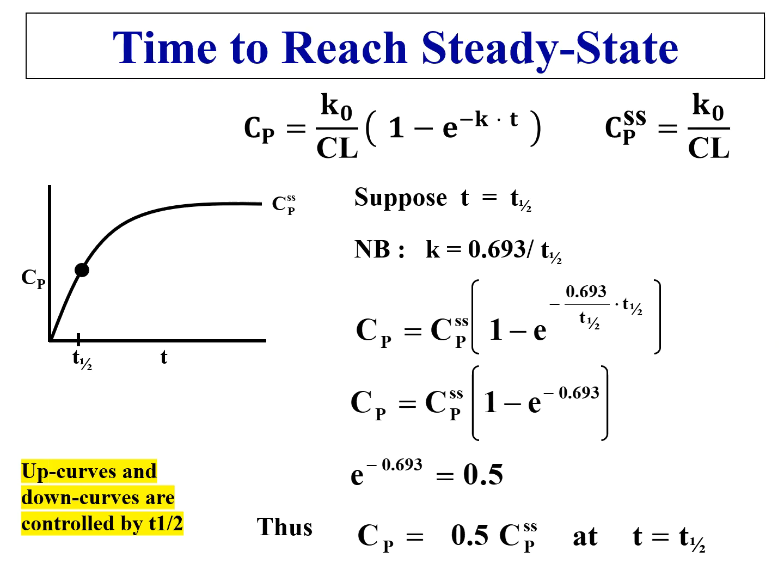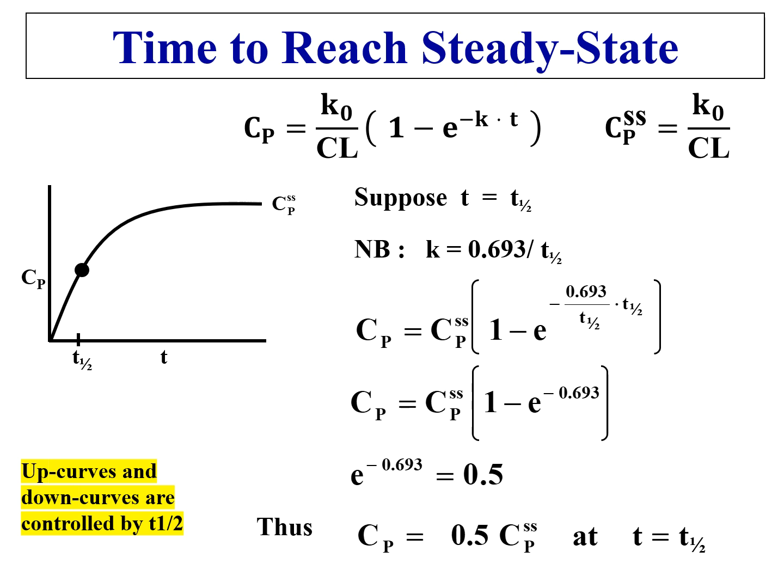How long does it take to reach steady state? Well, the rule of thumb is about 4 half-lives or more. We can find a derivation for what's going on here if we look at the details on the slide. Suppose we consider what happens at time equal to 1 half-life of the drug. Remember, half-life is 0.693 over KEL. KEL is clearance over volume. So we can plug in the half-life and determine the plasma concentration at the half-life in the approach to steady state.